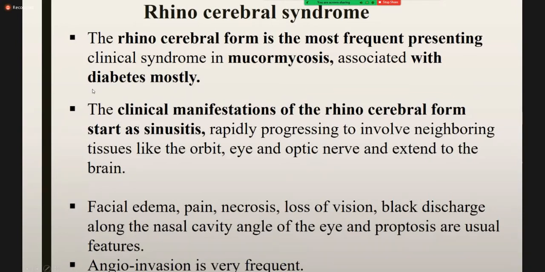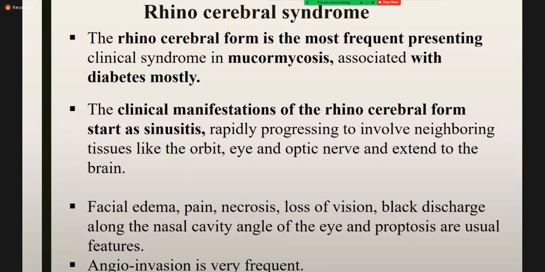Clinically, in this form of rhinocerebral syndrome, the patient starts having fungal sinusitis, and it will rapidly progress to involve neighboring tissues like the orbit, eye, optic nerves, and extend to the brain also. Later on, seizures and altered mental status, even coma.